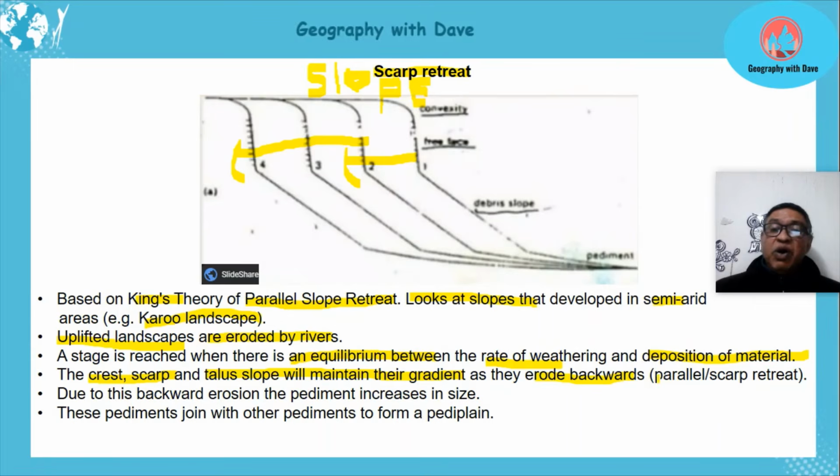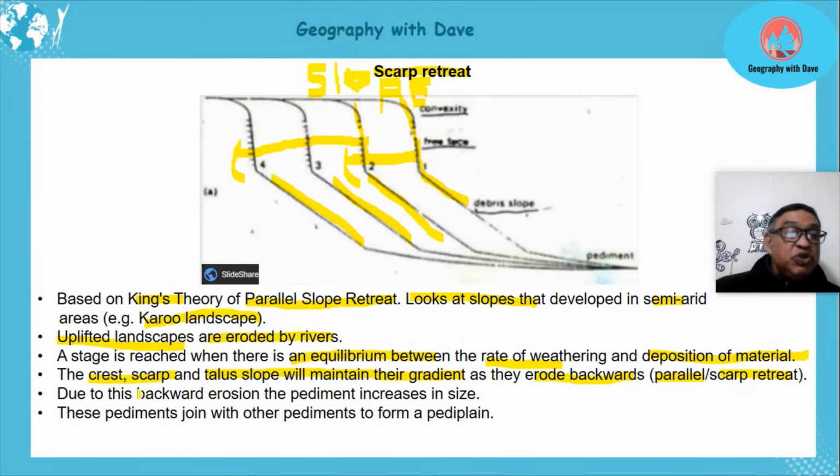All right, so we have parallel or scarp retreat. Look at it here. Can you see it? It's moving. Again, it's going backwards, but can you see the slope? It's the same. Look at this. It's the same. It's the same. It's the same. Okay, so we have this parallel or scarp retreat happening. Okay, or slope retreat. All right.